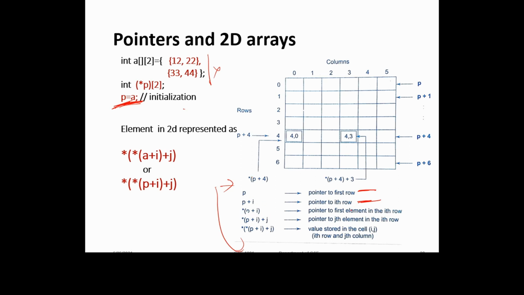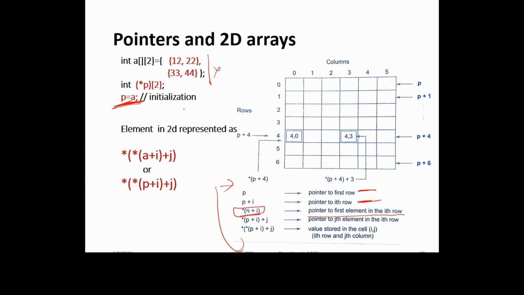Star P plus I will point to the first element in that particular ith row. If the value of I is 4, then P plus 4 is the fourth row.